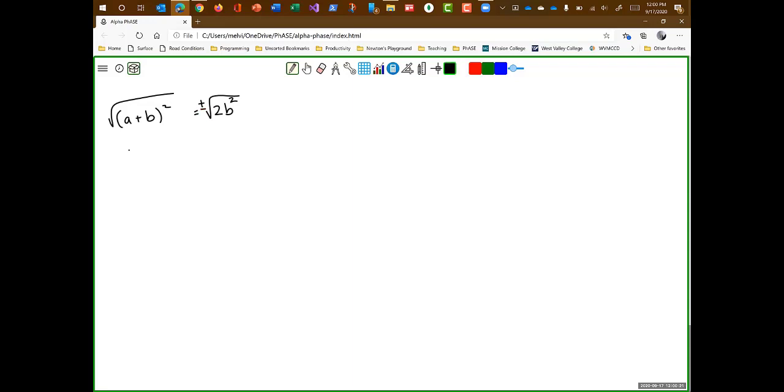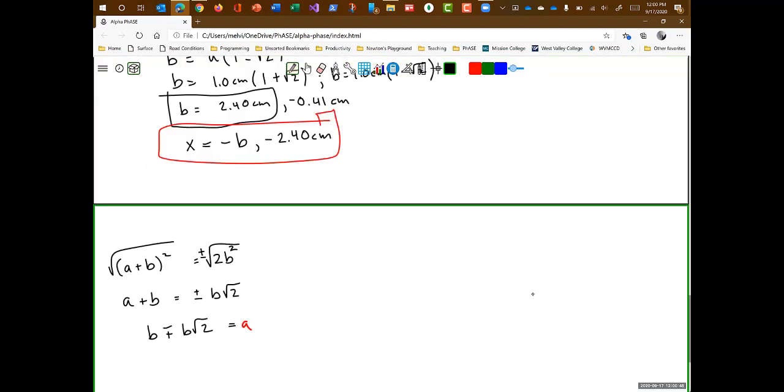When we do that, we have A plus B equals plus or minus B root 2. And then when we isolate B, we have B minus plus B root 2 equals A. Did I copy that right side down right?